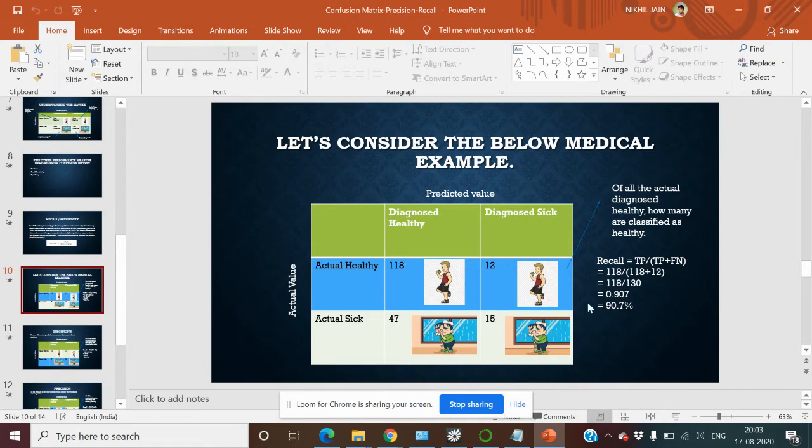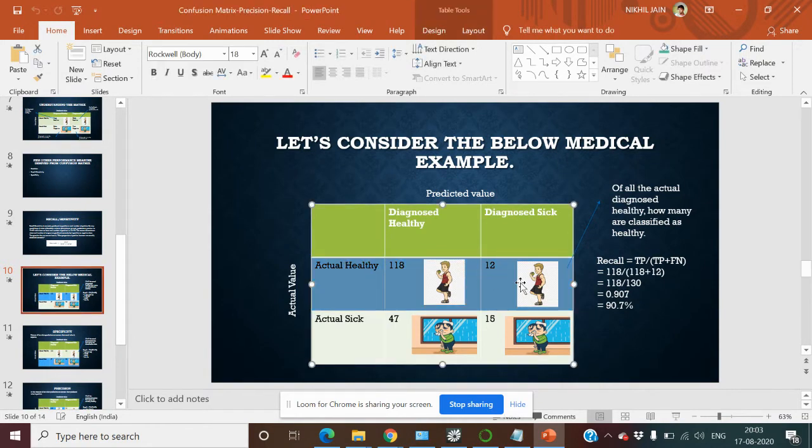When you calculate that, this row is under consideration. So 118 upon 118 plus 12, and the output is 90.7. So recall gives the measure of, out of all the actual healthy people, how many are predicted as healthy?